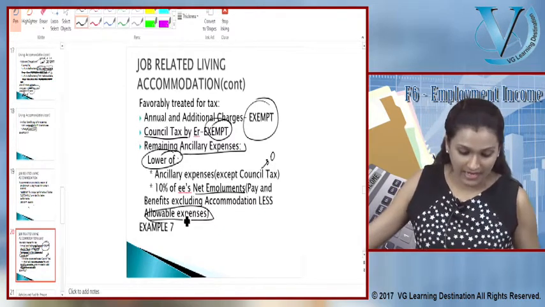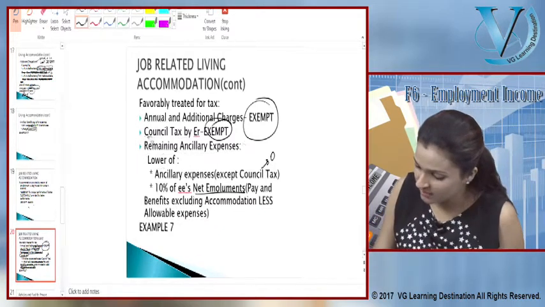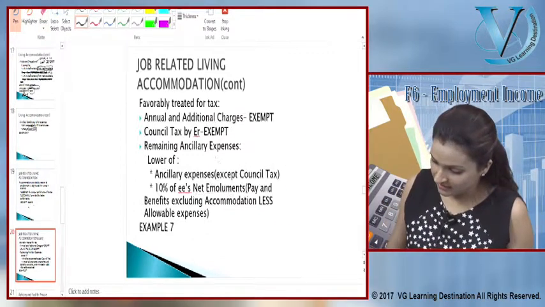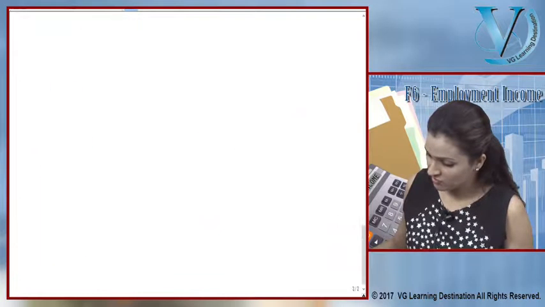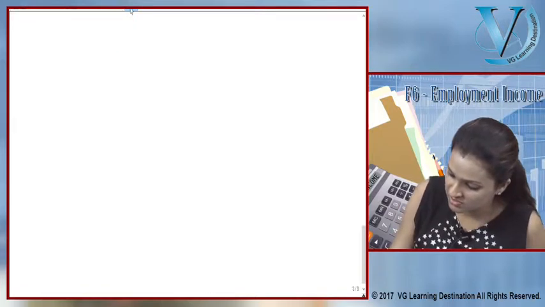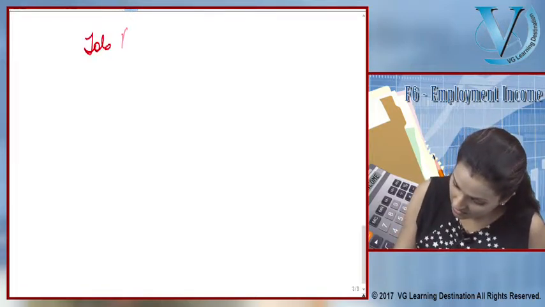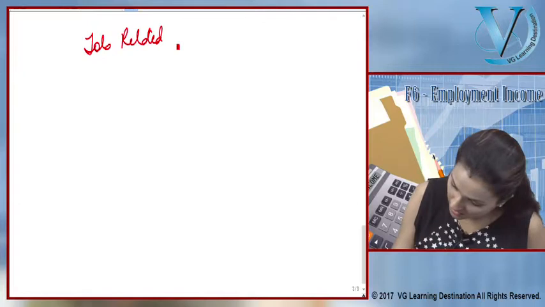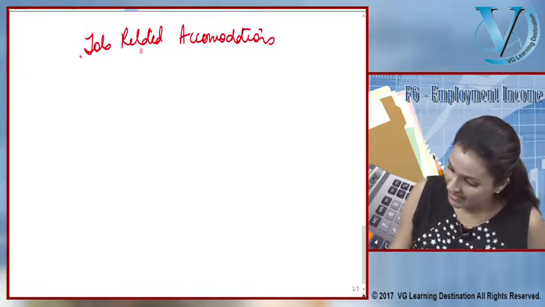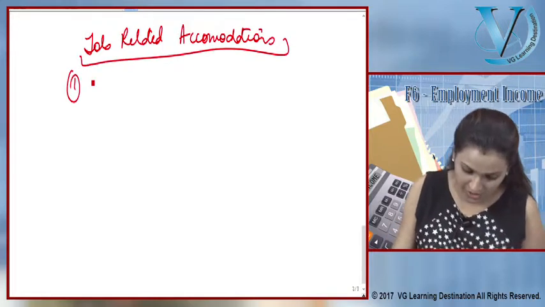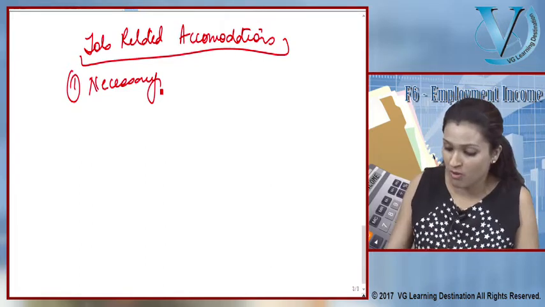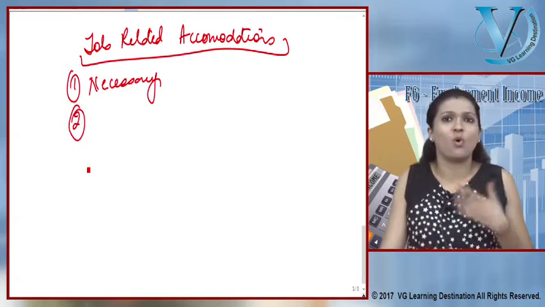Why? What are the criteria basically? The criteria, let me quickly run it by you again. Let's go on the sheet. So any accommodation becomes a job related accommodation if it is necessary to be provided for you to be able to perform your job. It is customary, as in it is always provided.